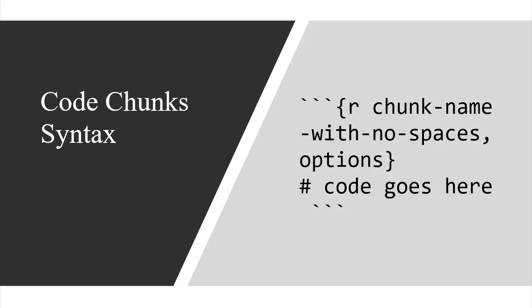This is the syntax. We put 3 back quotes and then we put a curly brace, then we write R, then we give a name of the chunk. Then there are chunk options which you can give, after which you have to follow the code, that is the chunk basically, and then you have to complete this chunk with the 3 back quotes. There are chunk options which you can include after the curly braces for R and chunk name.